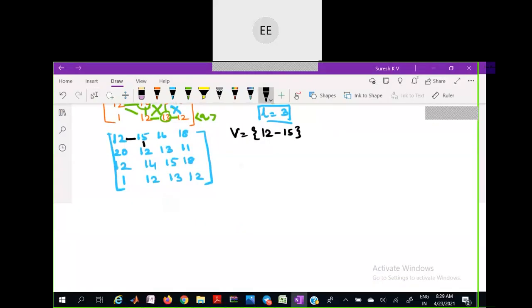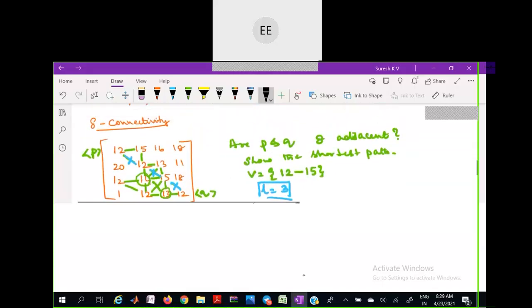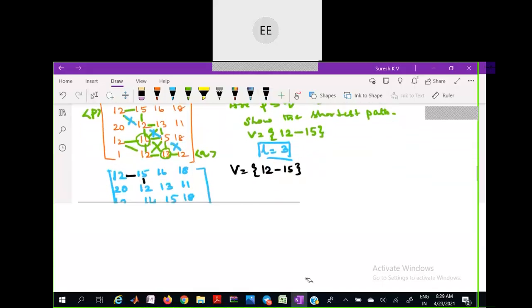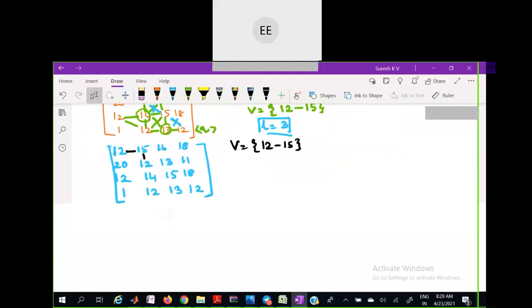Now, these two 12 and 12, they are not connected here. I'm just showing the line, but I'll remove it. They are not connected here. Why do I say they are not connected?